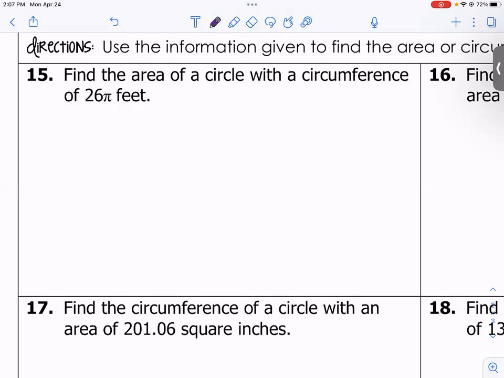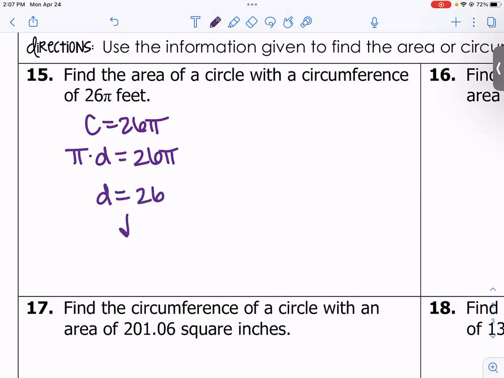Okay, we need the diameter or the radius so that we can go forward with the area. So if the circumference is 26 pi, and we know that circumference is pi times diameter, what's our diameter? 26, which would mean our radius is what? 13. So our area is going to be pi r squared.